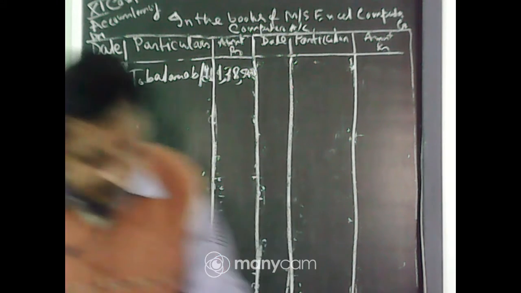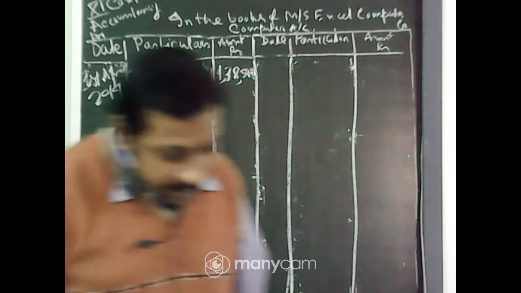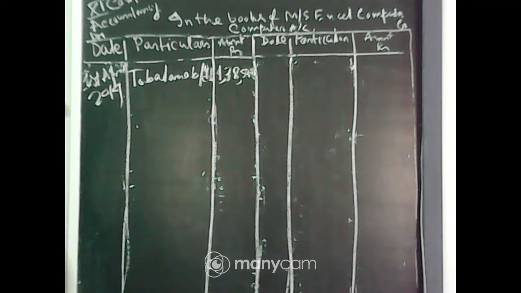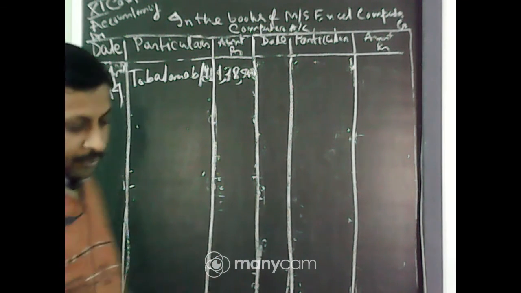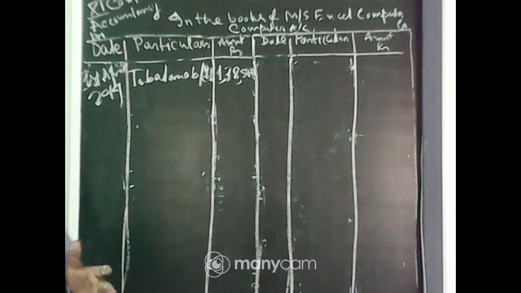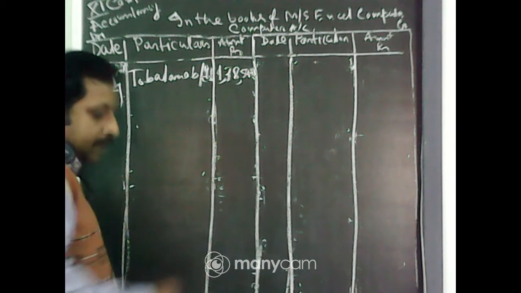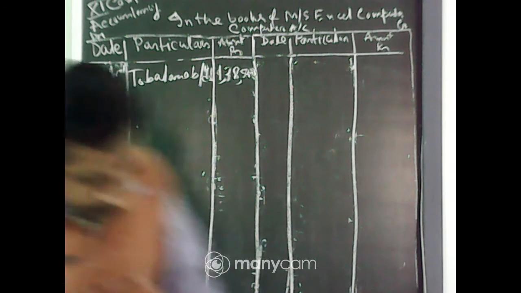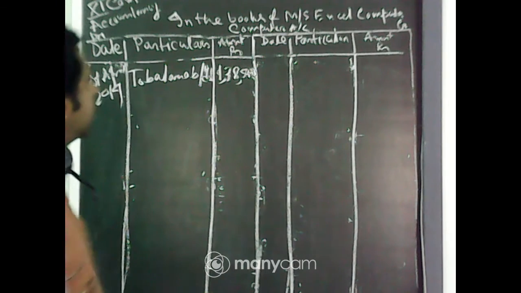In that case, what do we have to do? Now here you have sold the machinery. When you sold the machinery, what journal entry do you have to pass? That is bank account debit, because you are receiving the money, and credit the computer account. So in the ledger account how will you post? The date is already told, that is 1st April 2014.